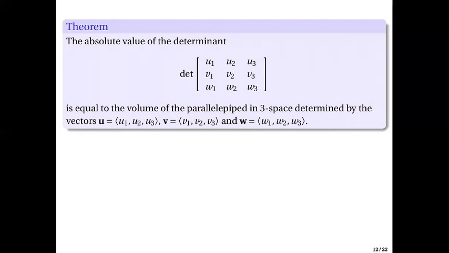So if you have three vectors, vector u, vector v, then you have the vector w here. In three-dimensional space, you will be able to construct a parallelepiped.